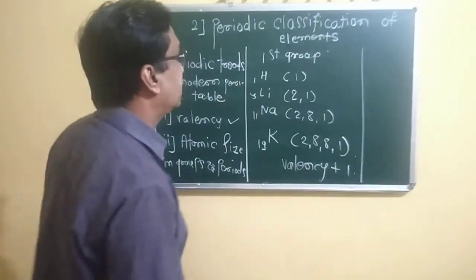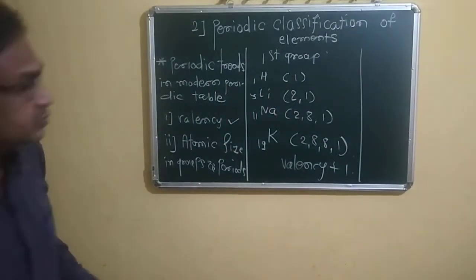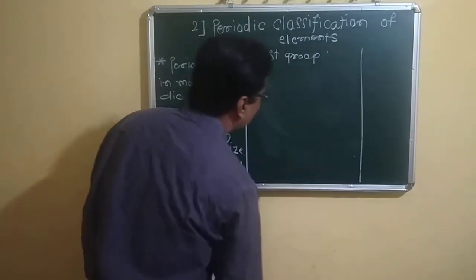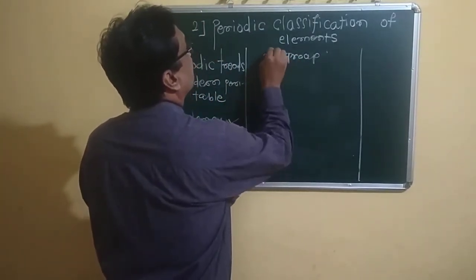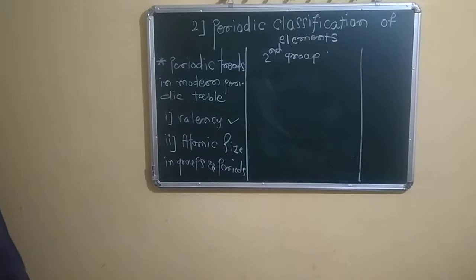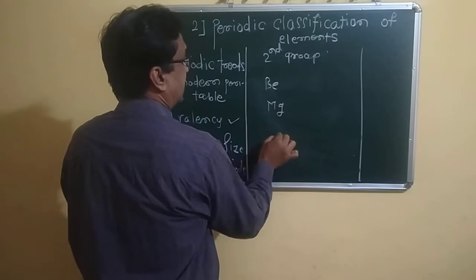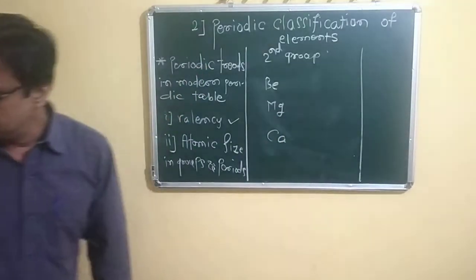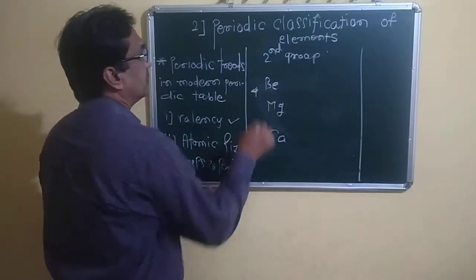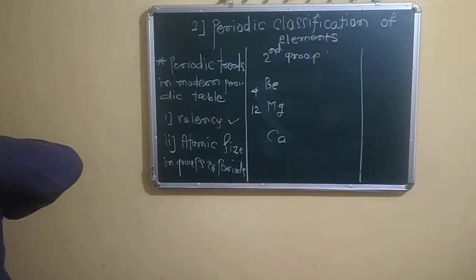We have taken another example, the second group. What happens in the second group? We take beryllium, magnesium and calcium, having atomic numbers 4, 12 and 20.